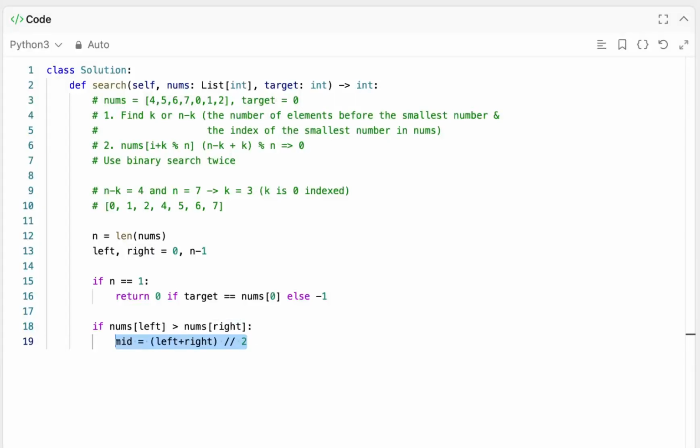So if this is superior to this one, I get the middle. If mid is strictly superior to, then we choose mid.